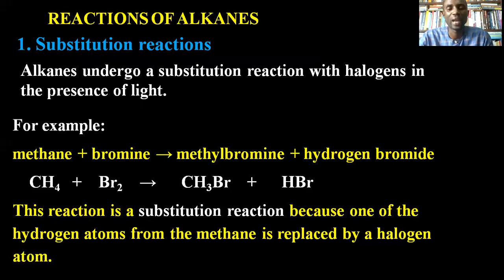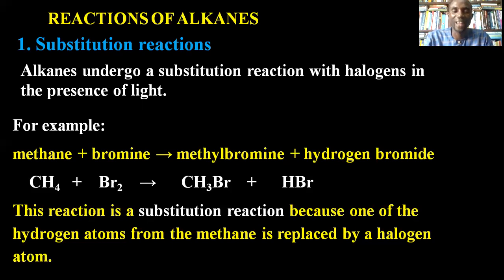What do we mean by that? Alkanes undergo a substitution reaction with halogen in the presence of light. Here we actually mean that, of course, we said the carbon-carbon bonds of alkanes are filled up with single bonds. What this one does is that there will be a replacement.